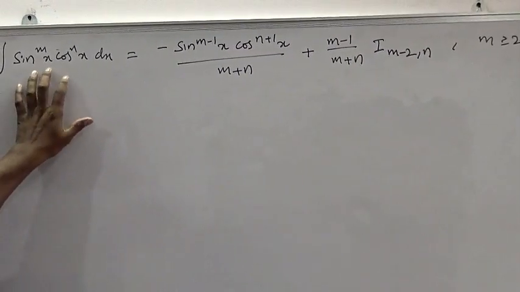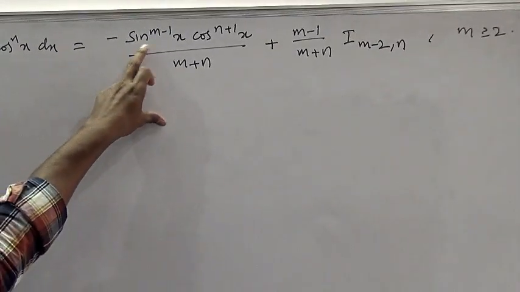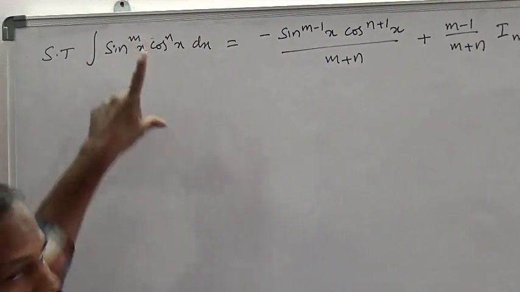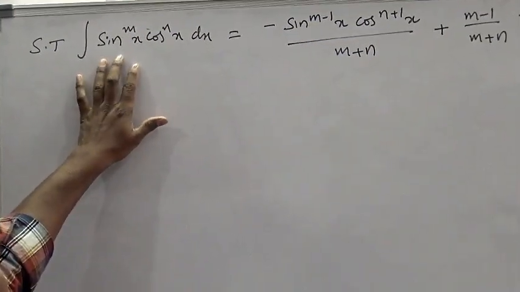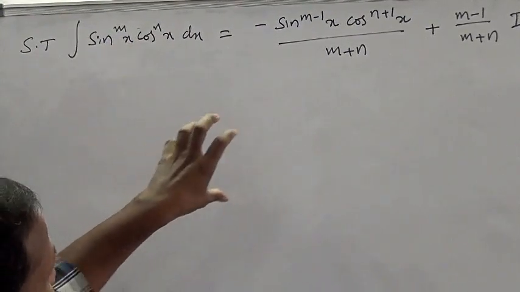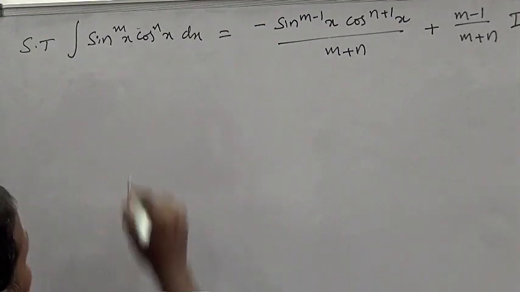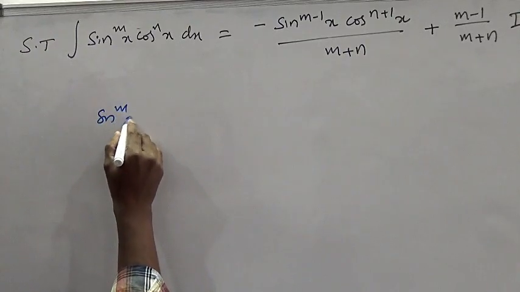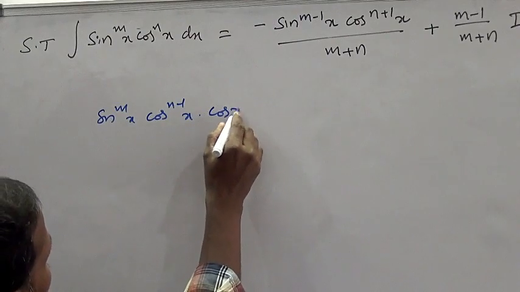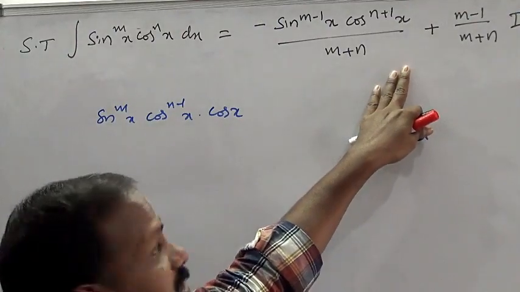you have to split this function. See, here sin^(m-1) x is there. So to get m minus 1, what we have to do? This can be written as sin^(m-1) x into sin x. If you split like sin^m x cos^(n-1) x into cos x, then also you will get a solution, but the expression will change another way.